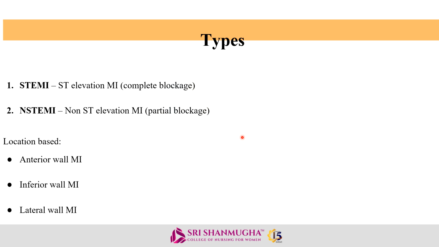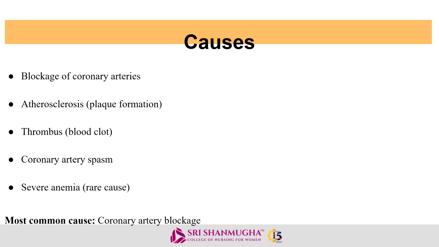In STEMI, the blockage is complete. In NSTEMI, the blockage is partial. And based on location, MI is also classified by where the blockage is present. Based on that, it is classified as anterior wall MI, inferior wall MI, and lateral wall MI.